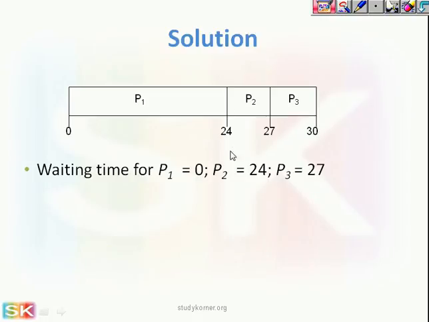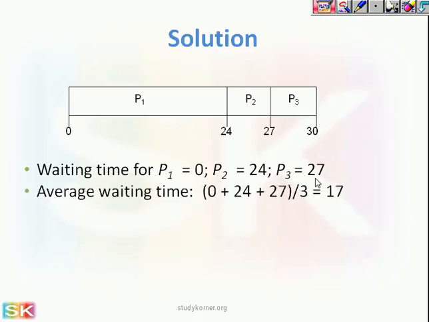So up to the 24th second P2 has to wait. So the waiting time of P2 is 24. Similarly P3 was also submitted at time almost 0 and it got the CPU at 27. So the waiting time of P3 is 27 seconds and the average waiting time will be 0 plus 24 plus 27 divided by 3, that is 17, right?